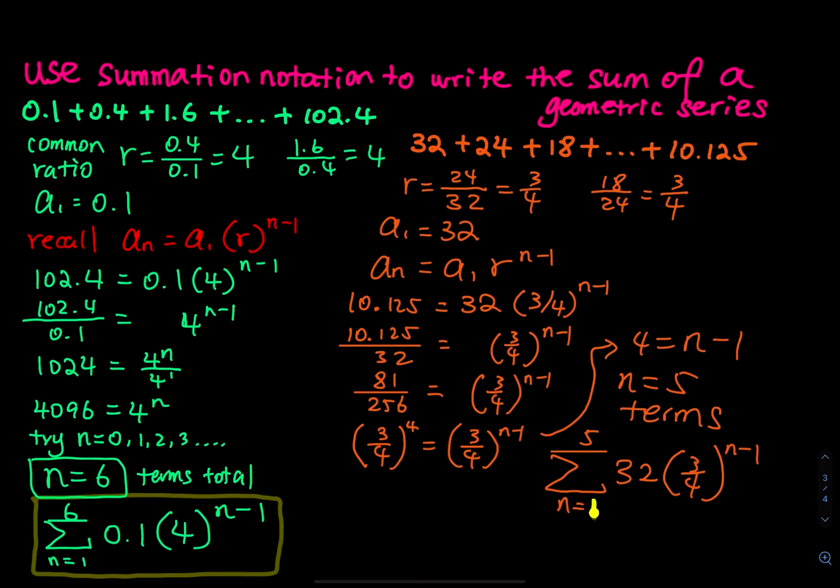When n is equal to 2, this becomes a second term, 32 times 3/4, then you get 24, and then you do the same thing, n equals 3, you will get 18, and so on and so forth.